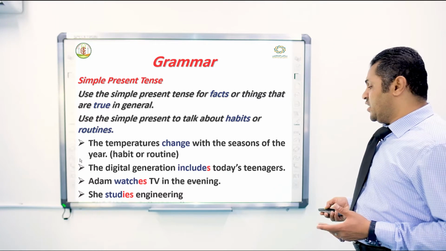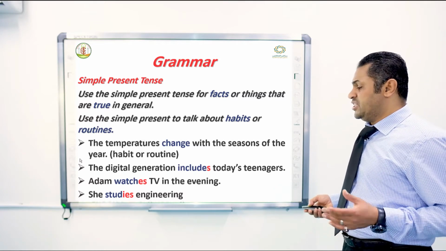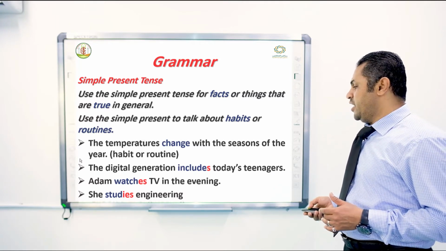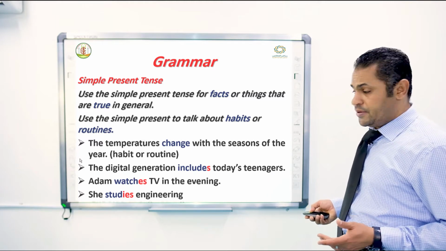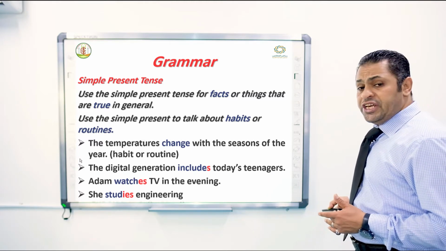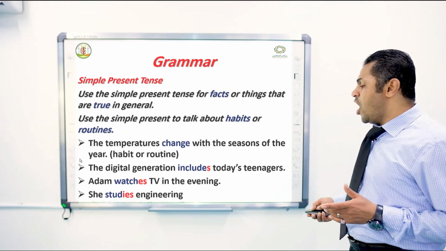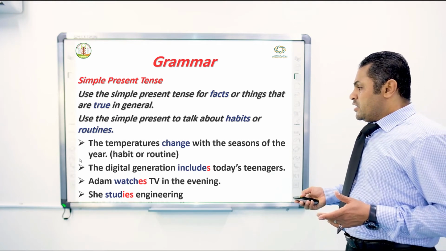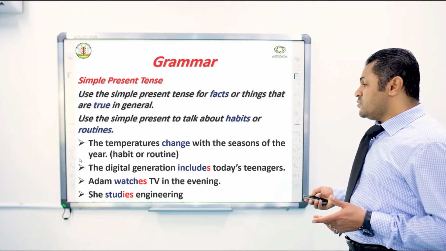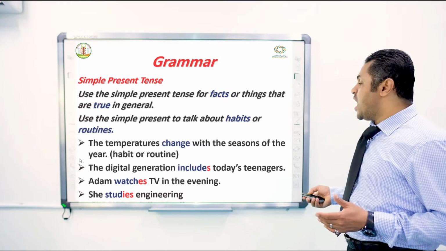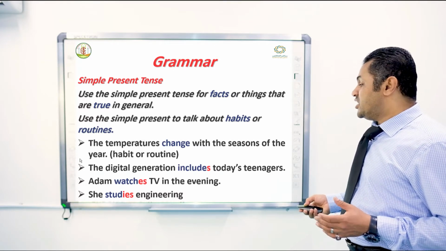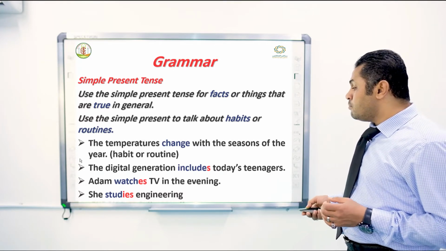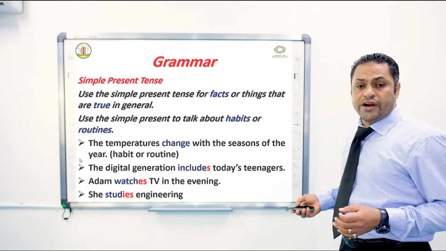Adam watches TV in the evening, again with ES, because the subject is singular. She studies engineering. We have added IES. The temperatures is plural, so we have just the infinitive. The digital generation, Adam and she are all singular subjects.